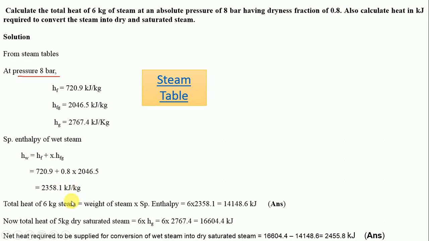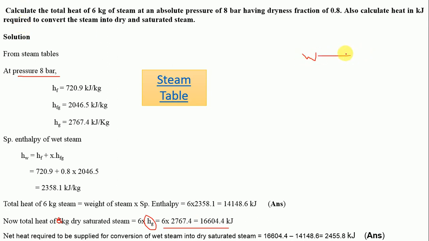We require 6 kg of steam, so we multiply 6 kg by the specific enthalpy, and the total is 14148.6 kJ. For 6 kg of dry saturated steam, the heat is 6 into hg, where hg is the enthalpy of dry saturated steam, which equals 16604.4 kilojoules.